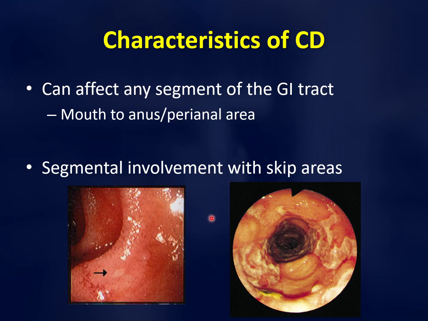And although it can be located only to the colon in 20% of cases, distinguishing it from ulcerative colitis relies then on strictly endoscopic criteria. Again, the segmental involvement is characteristic of Crohn's disease when it comes to the colon, whereas the continuous involvement and the involvement of the whole rectum is suggestive of ulcerative colitis.